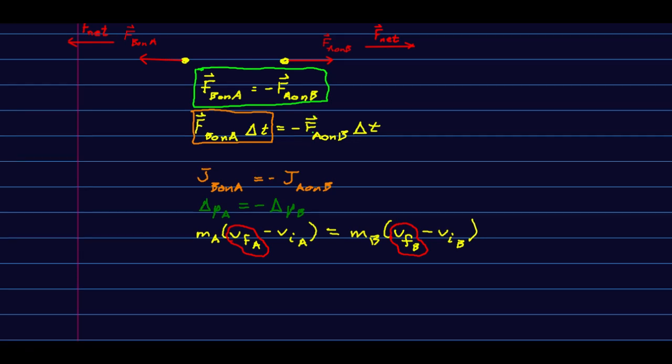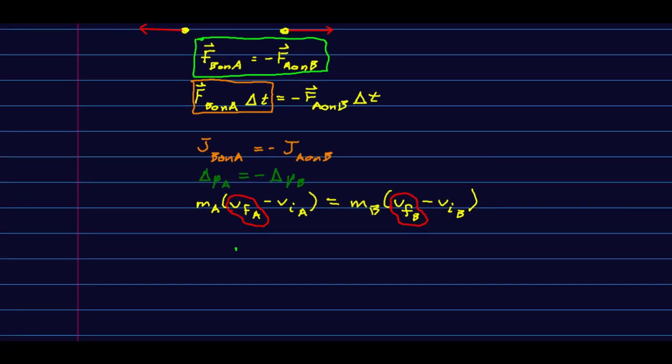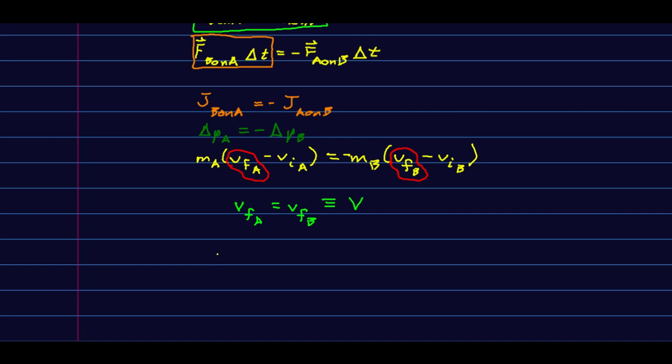But let's suppose, as happens in many collisions between cars, oops, I've missed a negative sign here, as happens in many collisions between cars, that the cars stick together. And so we know that the final velocities of these two cars are equal. And let's just call that capital V. Now we're down to one unknown.